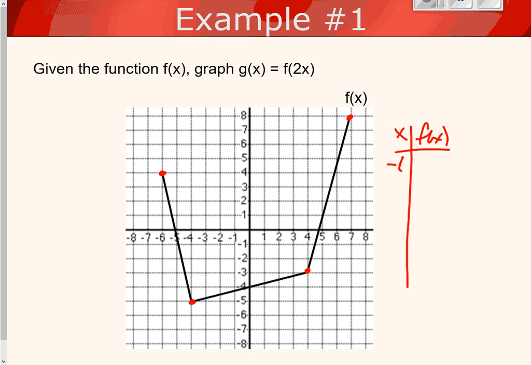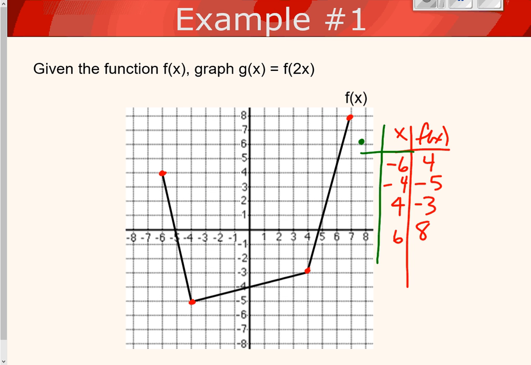And I have (-6, 4), (-4, -5), (4, -3), and (6, 8). Okay, so we have to look. We see that 2 is on the inside. Since it's on the inside, it's going to be horizontal. Anything horizontal, of course, happens to my x values. We're going to multiply this by the factor.